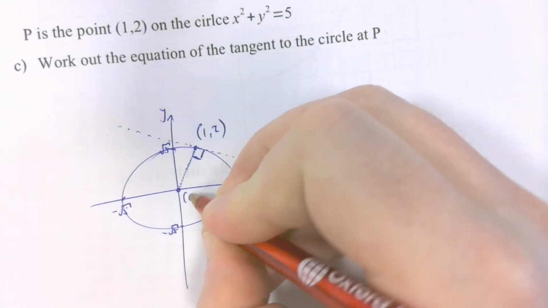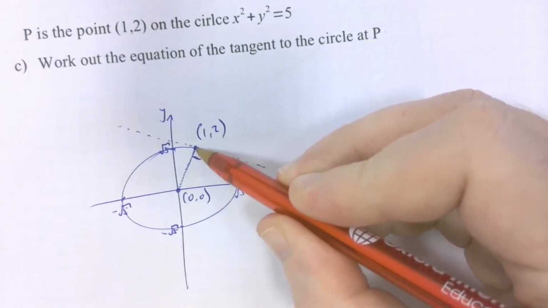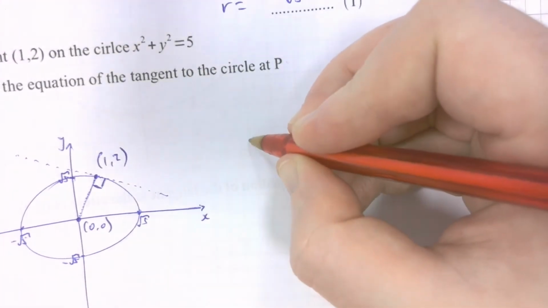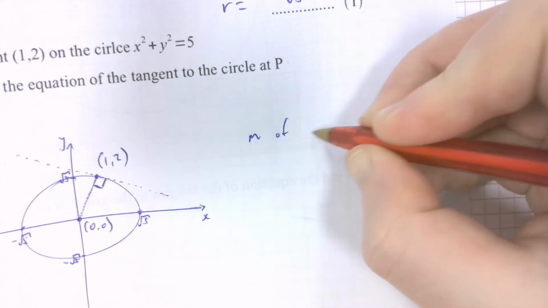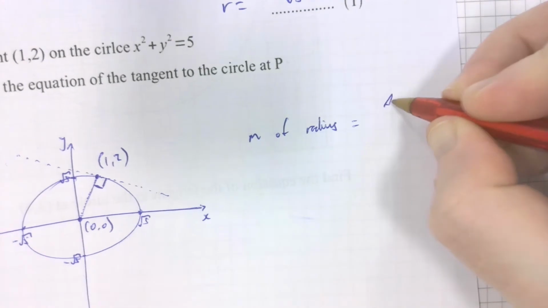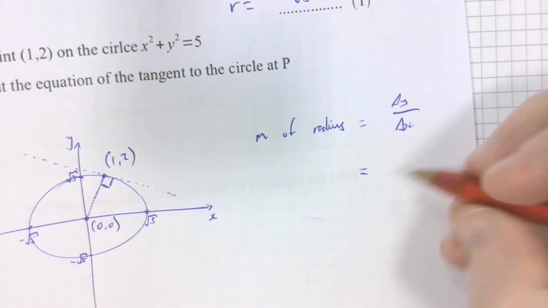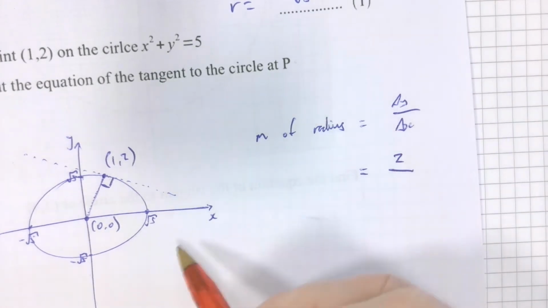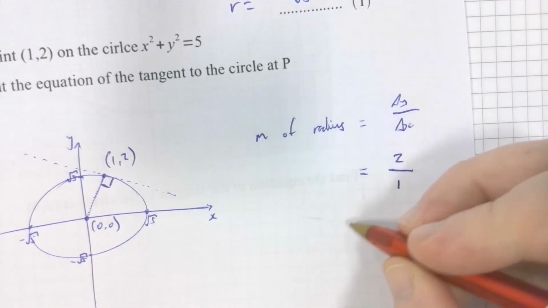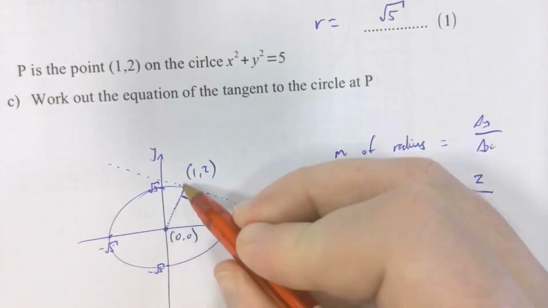So we know the centre of the circle is (0, 0). We know that this edge point of the circle is (1, 2). So we can work out the gradient of the radius, can't we? It's the change in y over the change in x. The y values are going up by 2, and the x values are going from 0 to 1. So the radius gradient is 2.